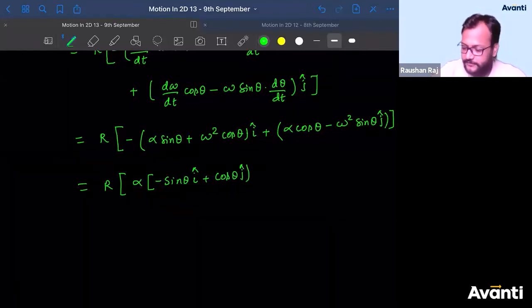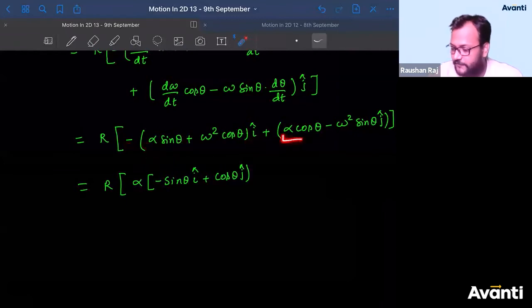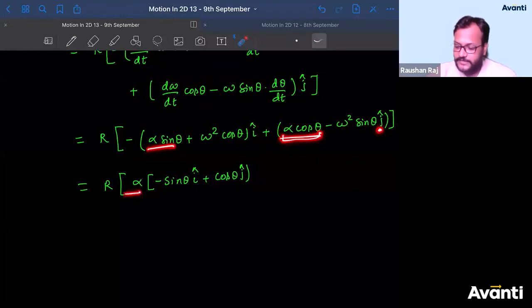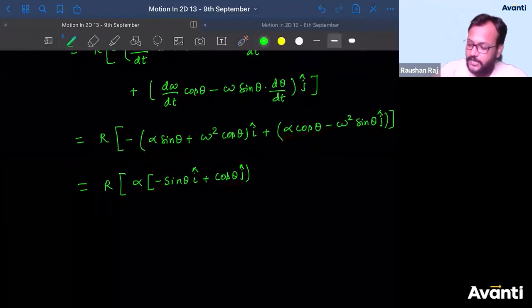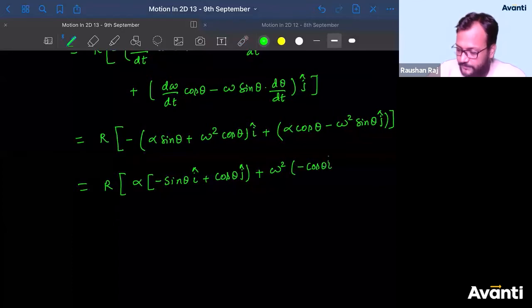What I have done is taken out alpha from these two terms, so I get minus sine theta here and plus cos theta here. What about this omega square? If I take omega square out, I'll get omega square into minus cos theta I cap minus sine theta j cap.